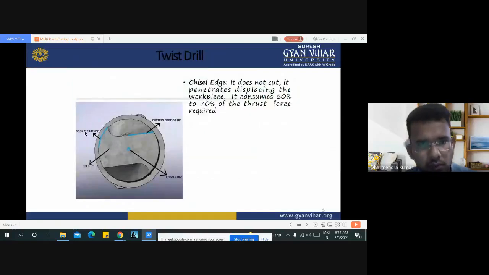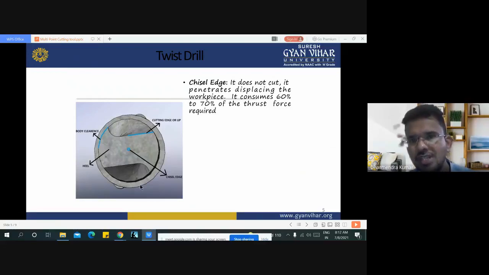This is also a view of the twist drill. This is known as chisel edge at the tip of the drill bit. This is body clearance, cutting edge, and this is known as heel. Chisel edge does not cut, it penetrates, displacing the workpiece.